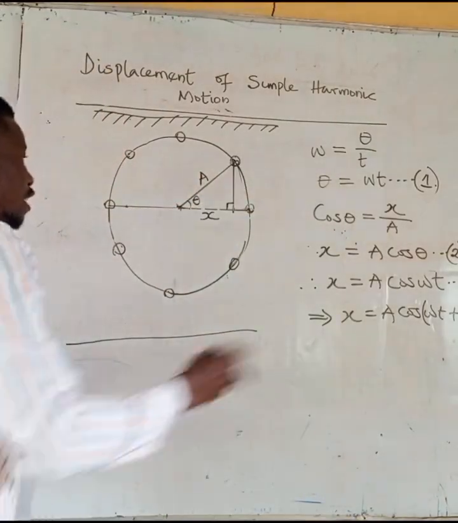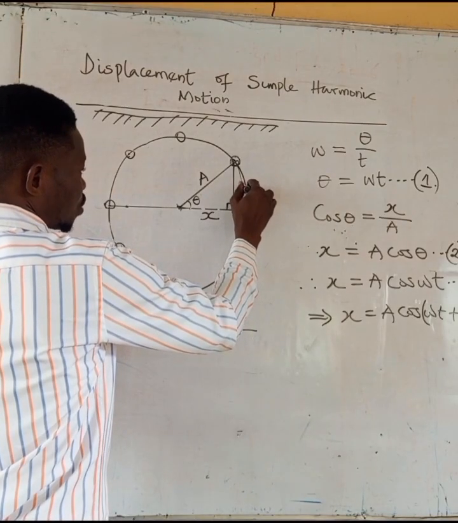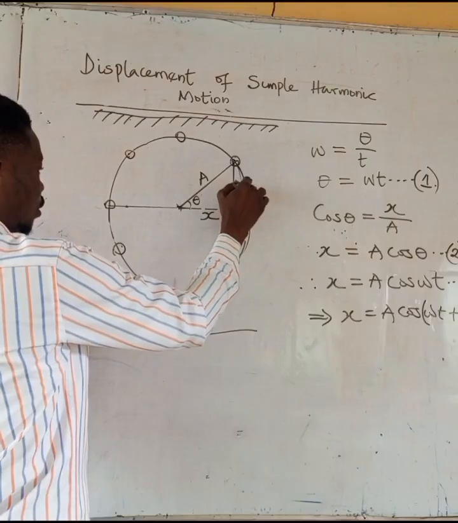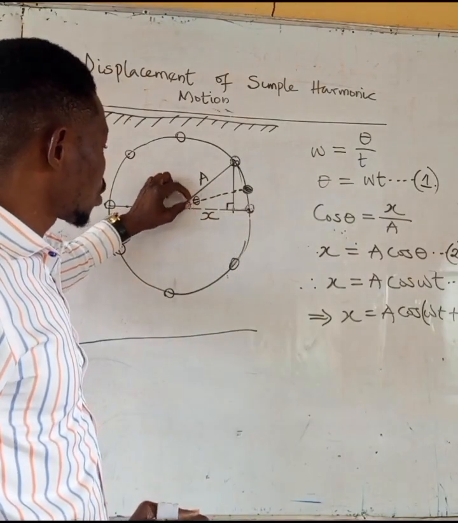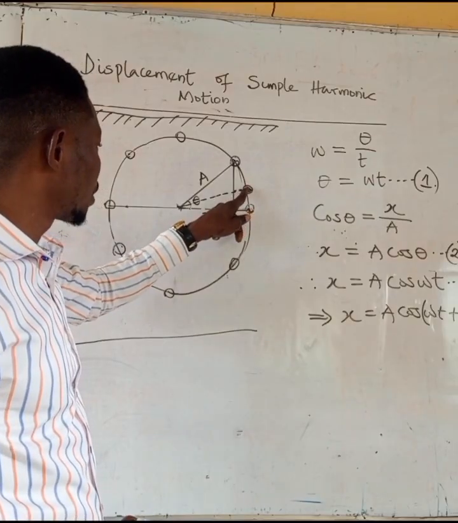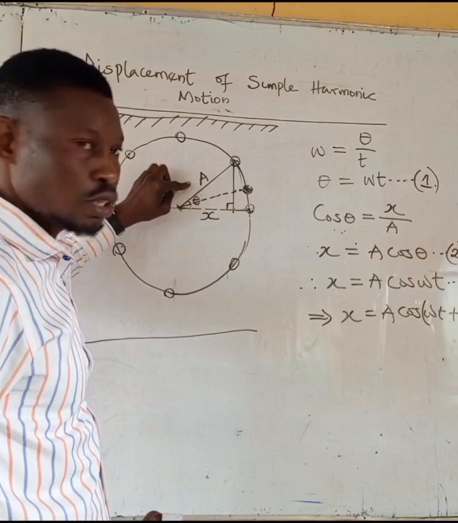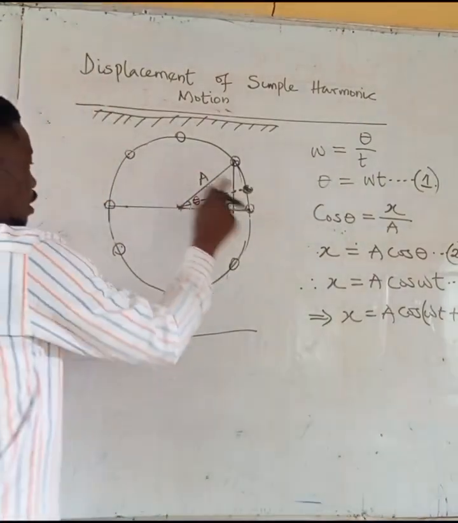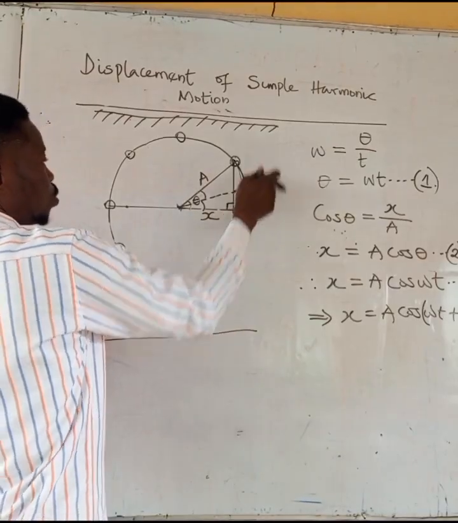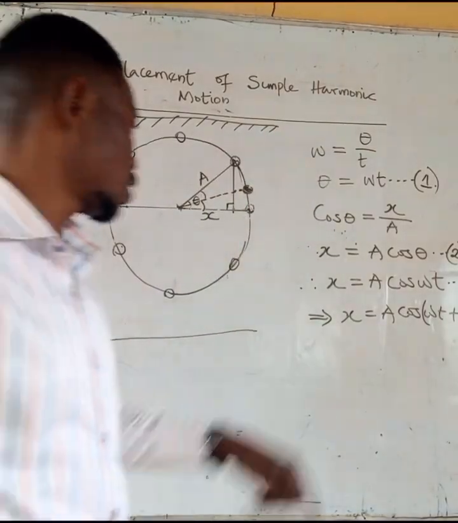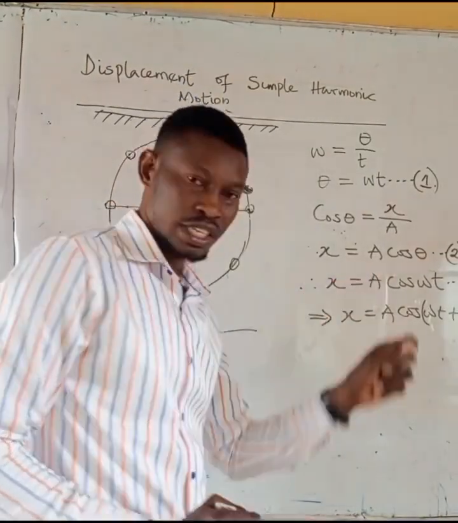Let's say a particle started its motion here. If we trace this now, the angle in question becomes both the angle for the particle that did not start from the beginning plus the angle that has been turned. So theta will become equal to this angle plus this angle by the time the object moves up to this point. So this is the equation for the displacement of a simple harmonic oscillator in its simplest form.